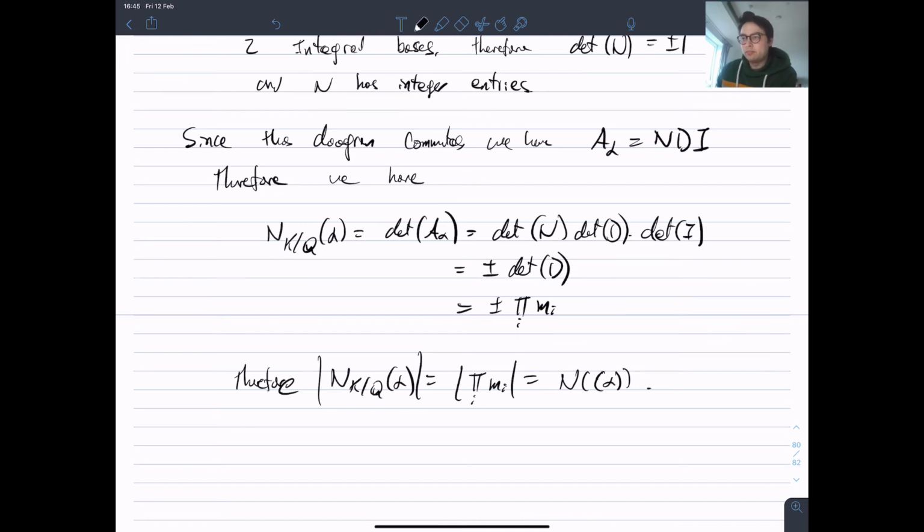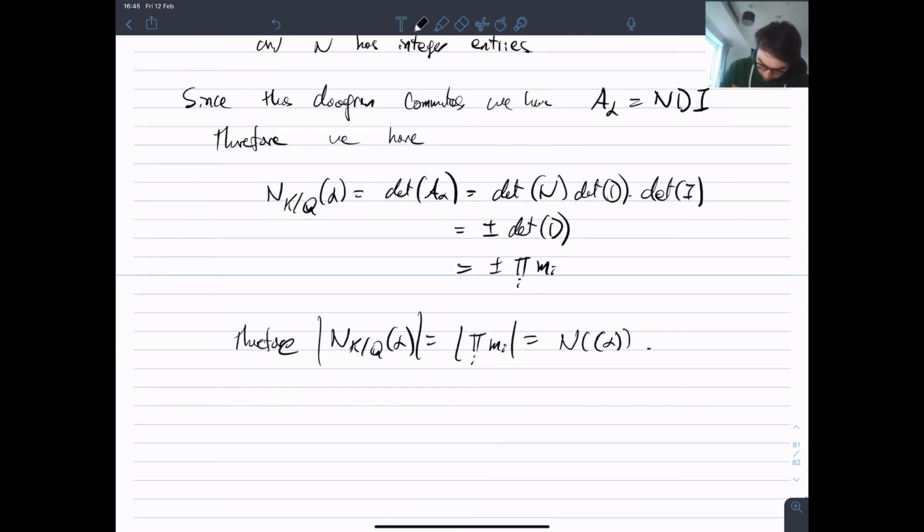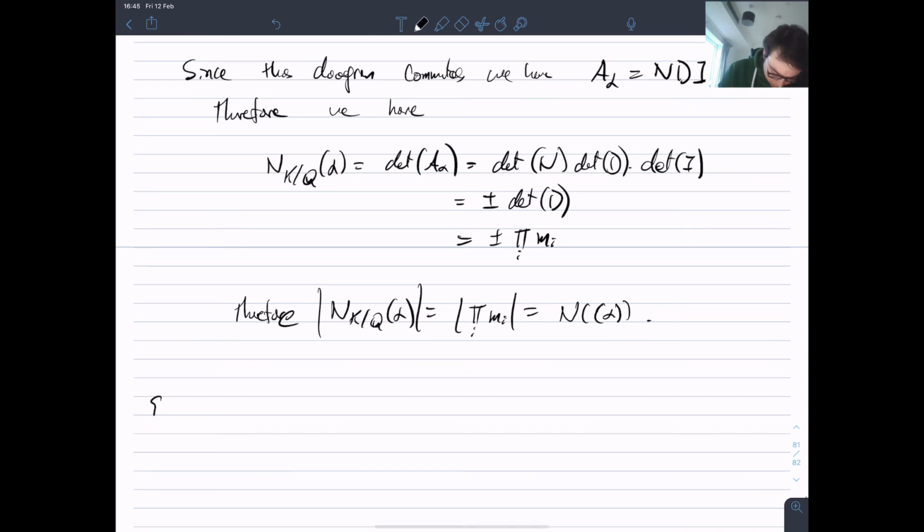So let me do an example. It's time for an example. Let me take p a prime and zeta_p a primitive p-th root of unity.